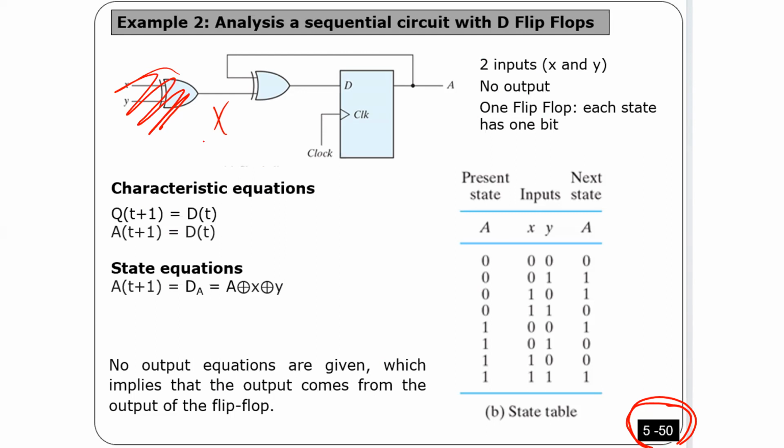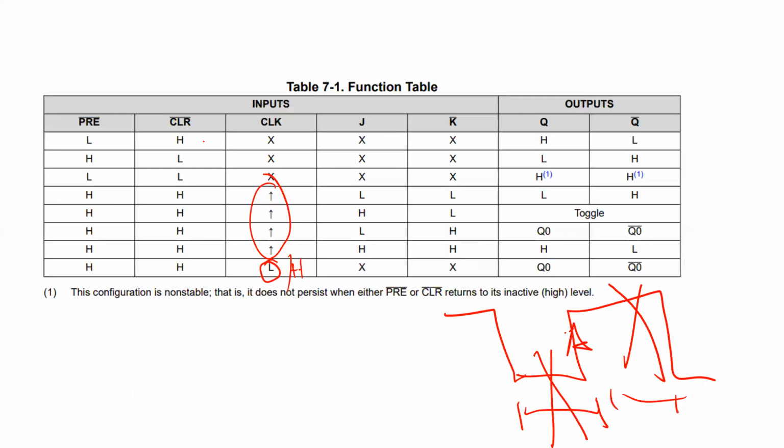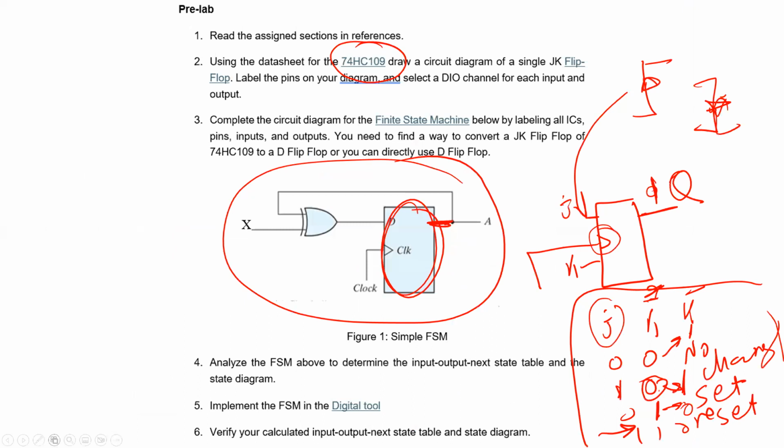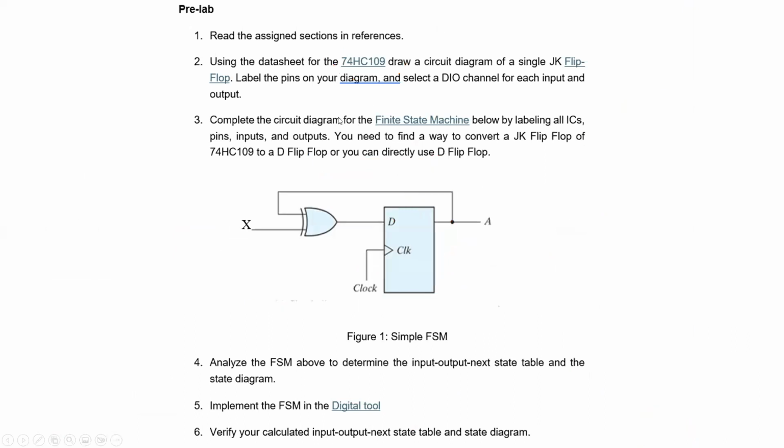Now what I'm asking you to do is complete the circuit diagram. We're going to use a D flip-flop. Do you have a D flip-flop? You can check if any chip you have has a D flip-flop and just use it.